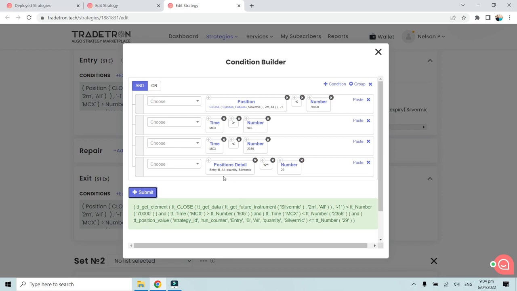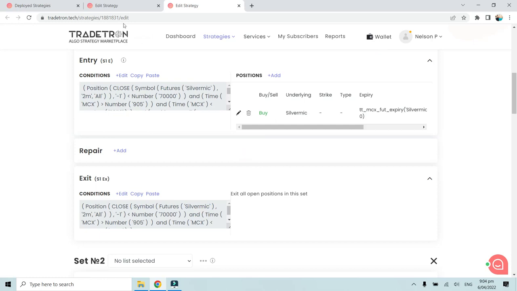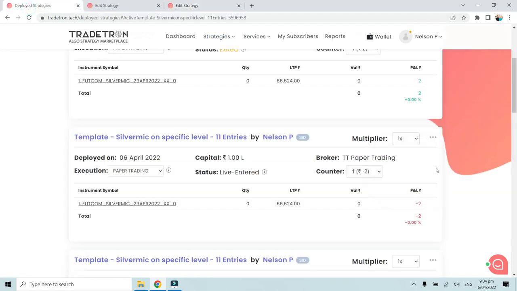That is how we can restrict the number of trades and stop the strategy from going into loop, even in the worst case scenario where, even after checking, you thought the strategy might not go into loop. This is the second level restriction that we can put in order to stop the strategy from going into loop. So this is how we can control the strategy from going into loop.